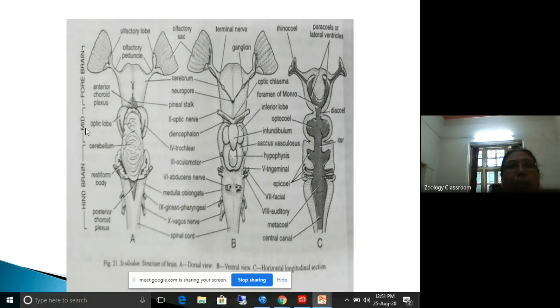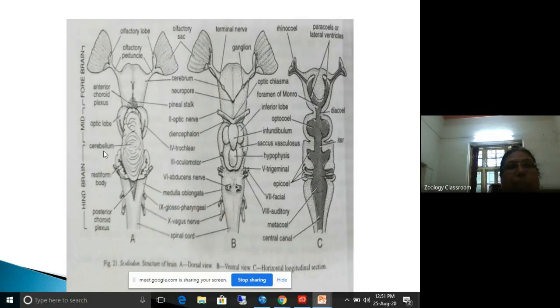Then the midbrain. The midbrain consists of the optic lobes. There are two optic lobes, partly covered by the cerebellum, and another part called the crura cerebri, which is not seen in this diagram. So the optic lobes and crura cerebri are the midbrain part. Then the third part, the hindbrain.